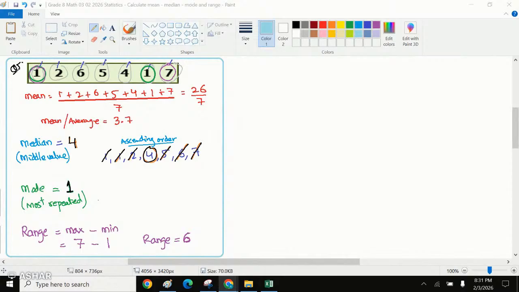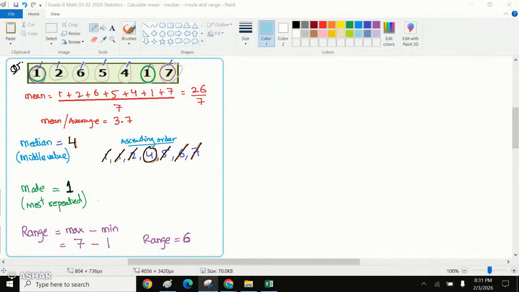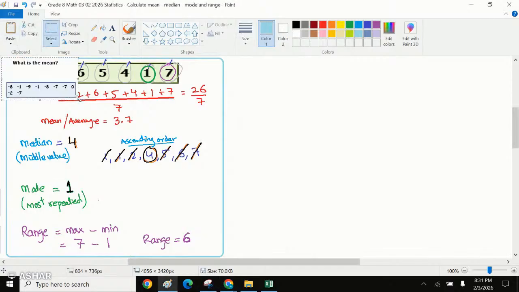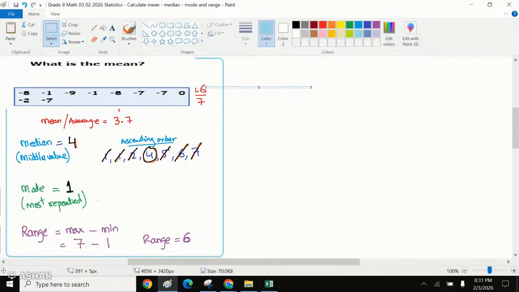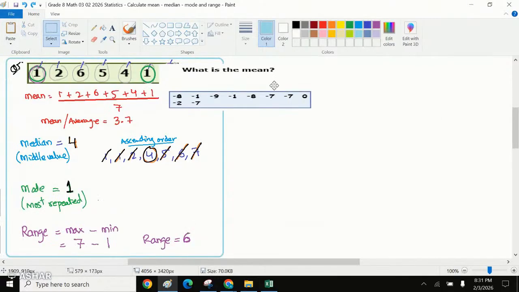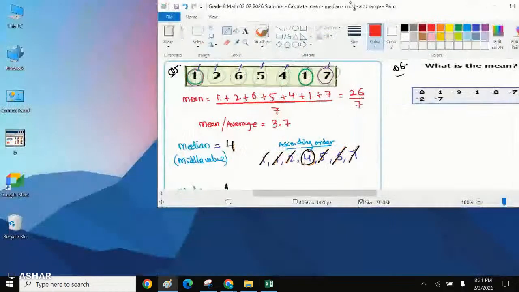Let's try one more. Okay, let's do a question with the negatives, right? They are giving us negative numbers and they are asking us to find what is the mean. Adding negative numbers would not be a problem, right? Negative numbers should be treated as regular numbers. In question number 6, they are asking us to find the mean, okay?